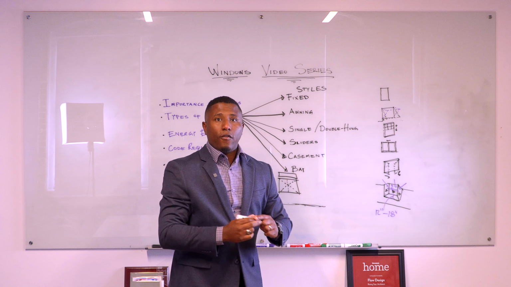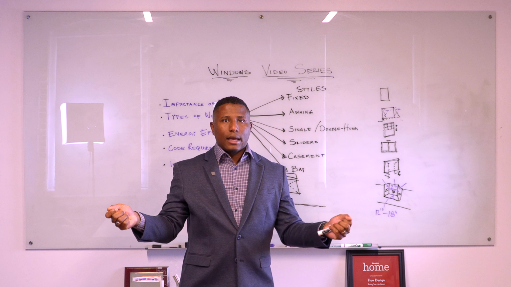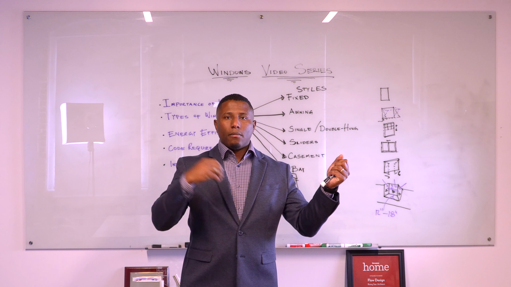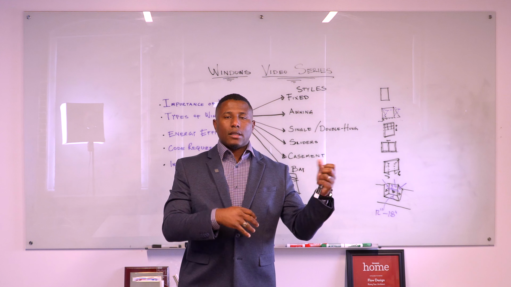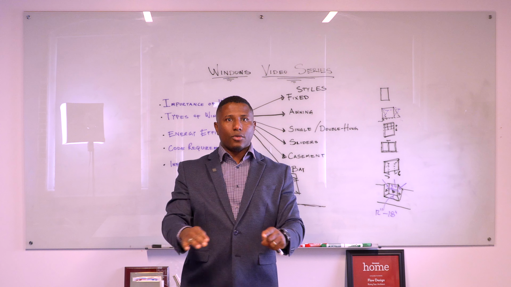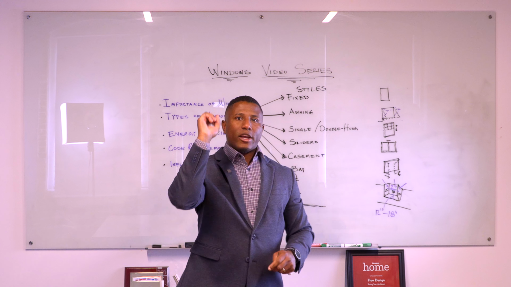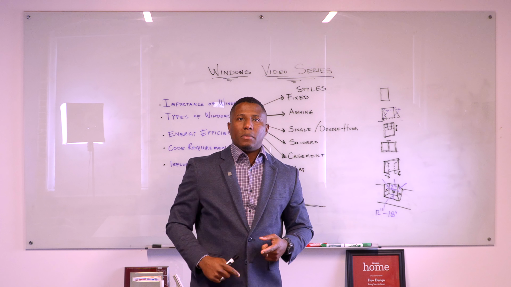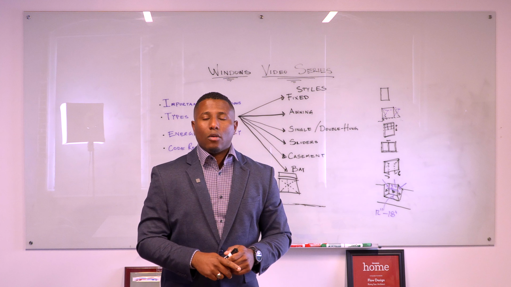And what that will do for you is that you can open the sides of that bay window, bring some ventilation to your space, and then have a clear view with a fixed window looking out, let's say, the water, a lake, the beach, or even your backyard.